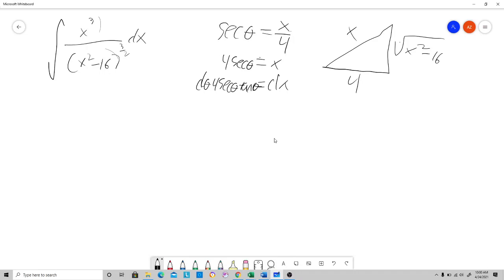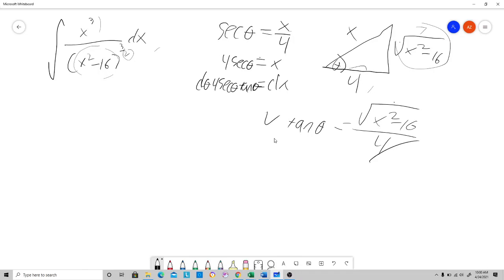So that should be the best way to do it. The square root of x squared minus 16 all over 4 is the same thing as tangent theta, because right here is the theta. And then we solve for this to match the denominator, because this is being square rooted.